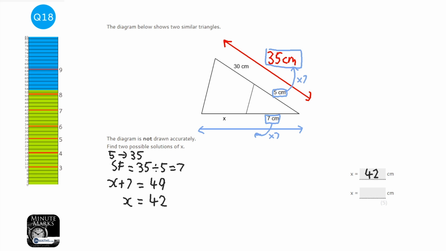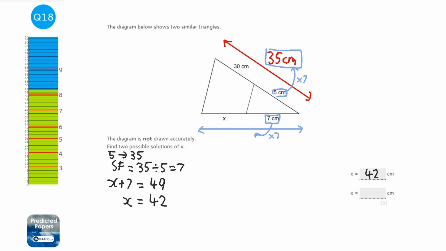However, it does say there's two possible solutions. One of the flaws that we've made is that we've assumed that the 5 corresponds with the 35, that this length here corresponds with the total length here. However, that's an assumption that we've made because it kind of looks like it does.